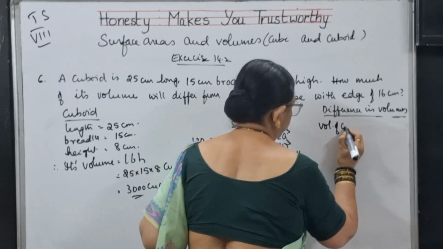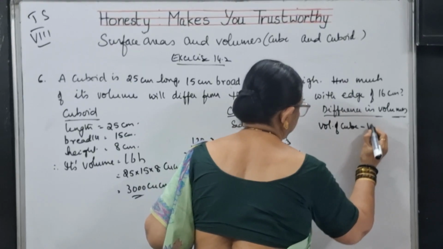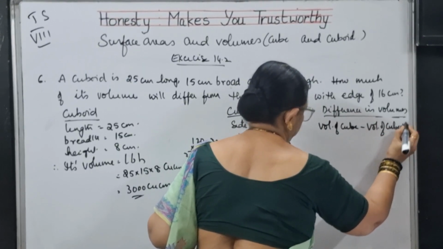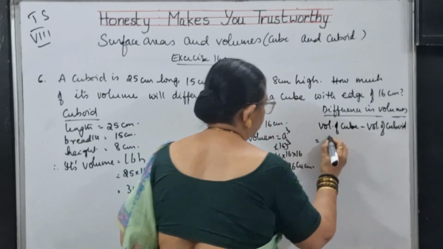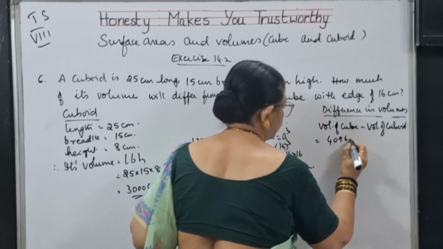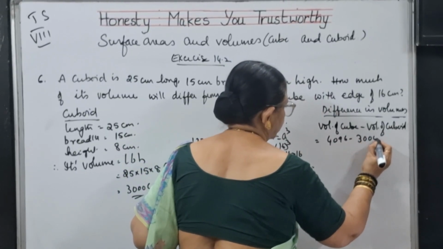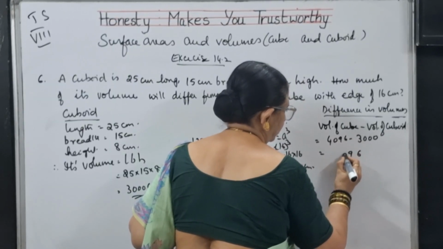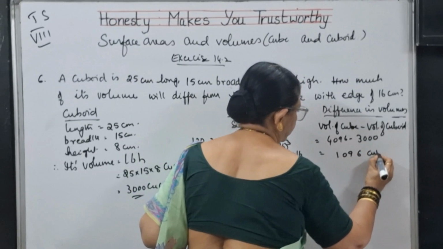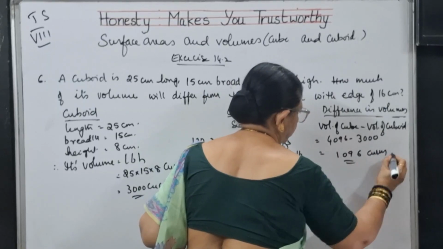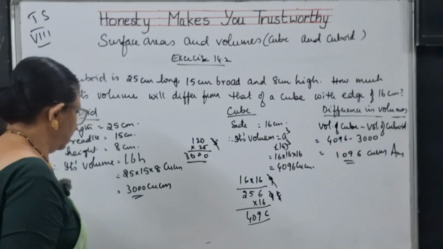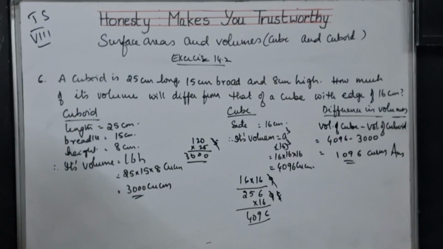So volume of cube minus volume of cuboid is equal to 4096 minus 3000, which is 1096 cubic centimeters. That is the difference, children. This is the question they have asked. Note it down.